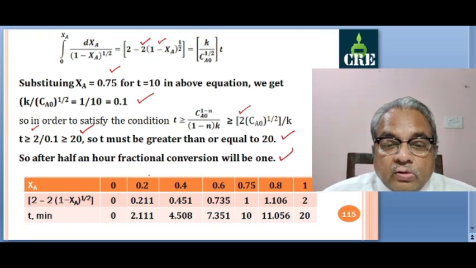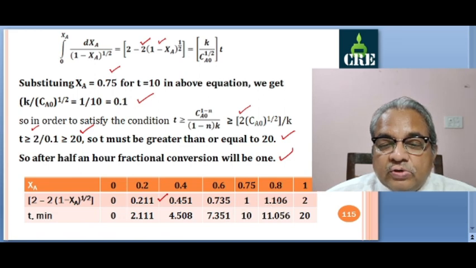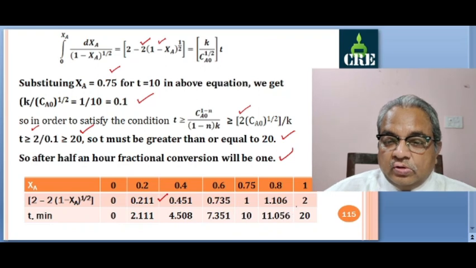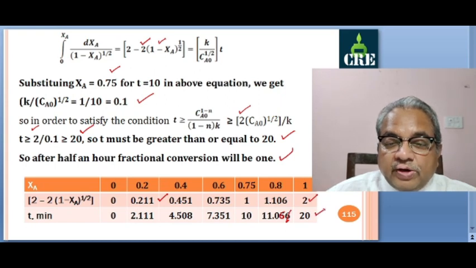For 0.2 it is 0.211 divided by 0.1, meaning multiplied by 10, so the decimal is shifted to 2.11. Then 4.5, 7.35, and 11.06. For Xa equal to 1 you get this value as 2, and 2 by 0.1 is 20.